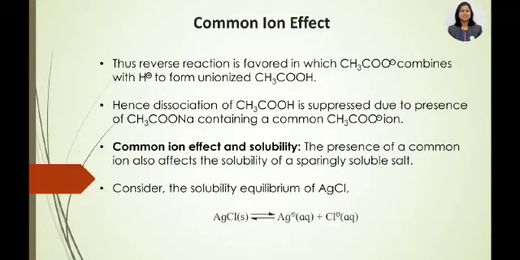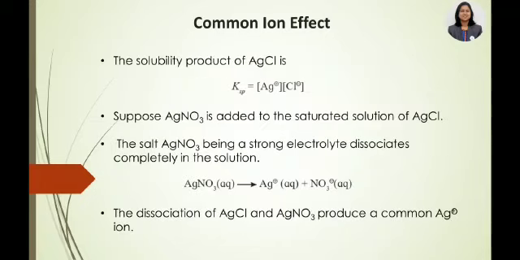Students, we can see the reaction that AgCl gives you Ag+ ions plus Cl- ions. The solubility product of AgCl is given by the equation, Ksp is equal to Ag+ ions multiplied with Cl- ions.